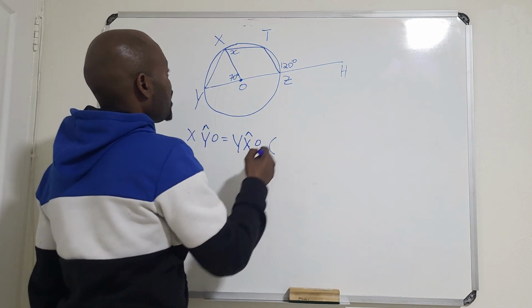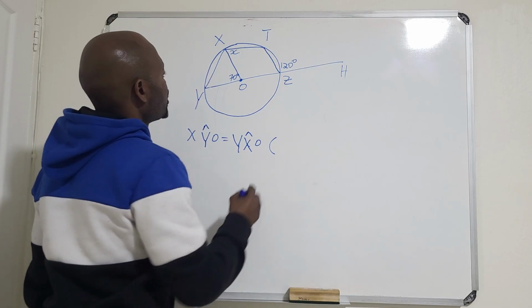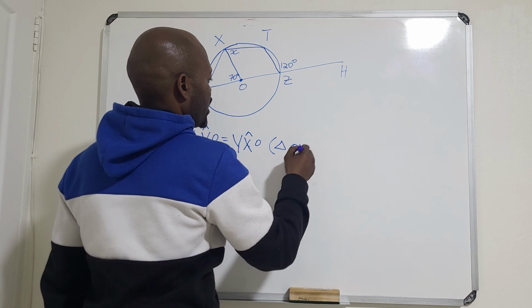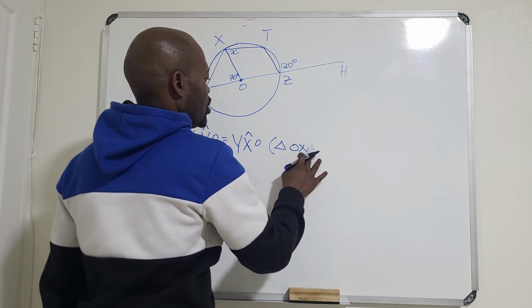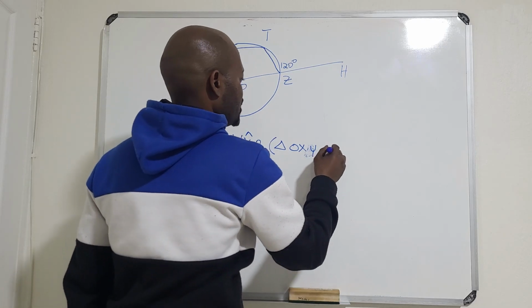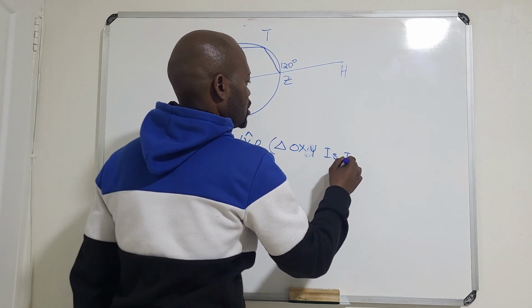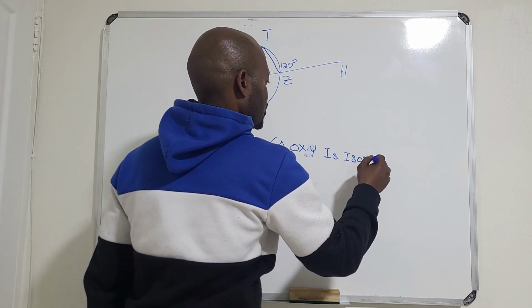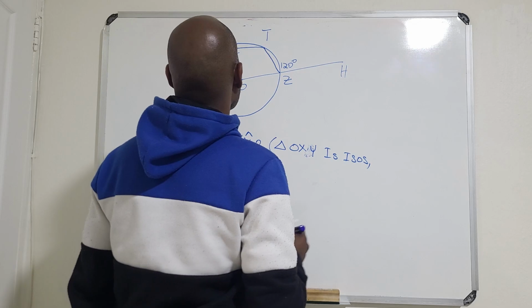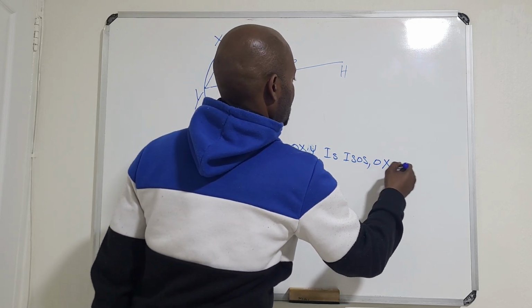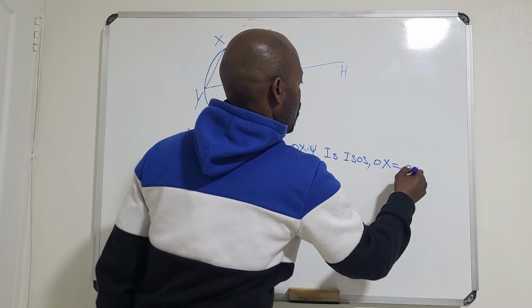Therefore, the reason: we know that triangle OXY is an isosceles triangle. Why is it an isosceles triangle? OX is equal to OY.